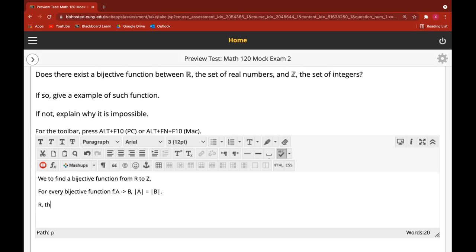Well, we know the set of real numbers is uncountable.